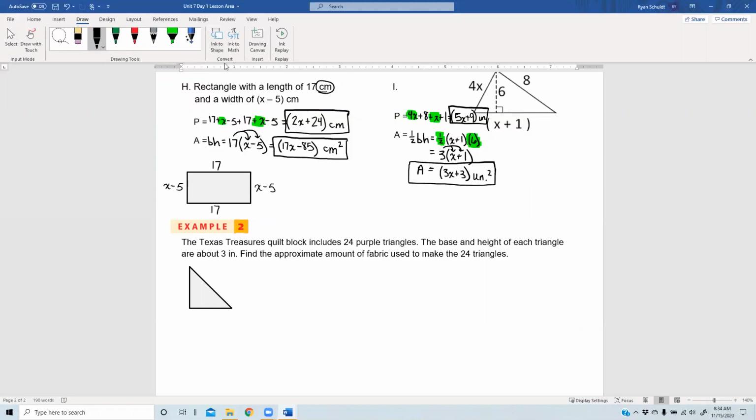Now, they tell me that the base and height are about 3. So 3 and 3. And I need 24 of these to make a quilt.